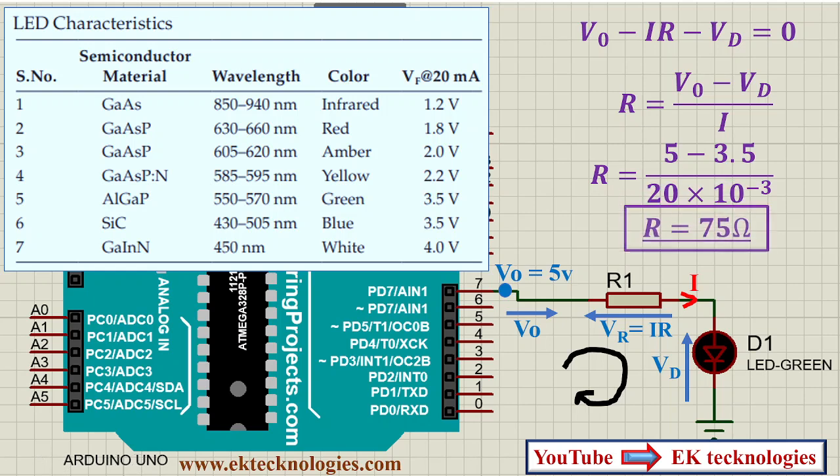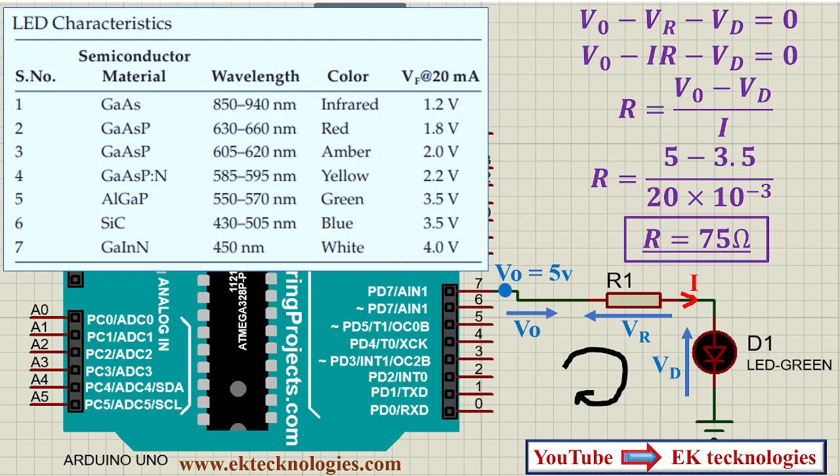This gives the resistance of 75 ohm. So we have seen how to calculate the value of the resistance. So we are going to proceed to change the resistor value in Proteus.